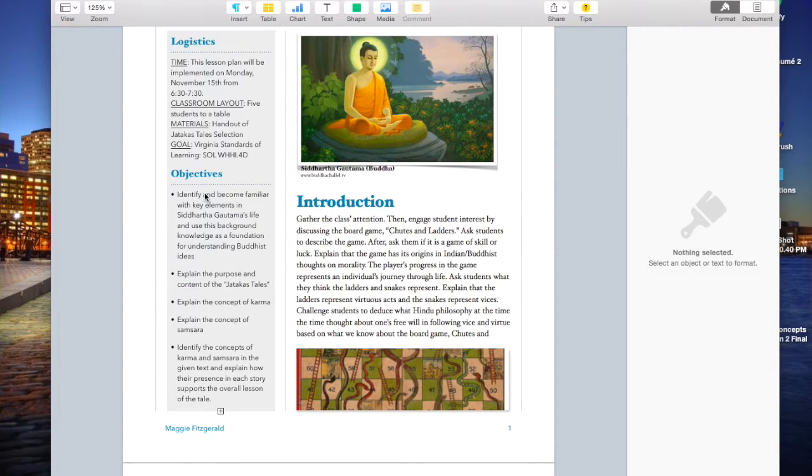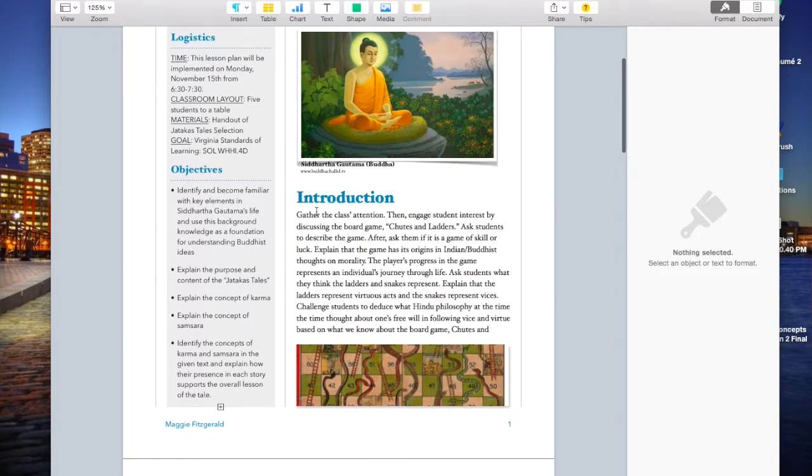So identify elements of Siddhartha's life, explain the Jataka's tales as well as karma and samsara, and identify these elements within the greater context of the Jataka's tales. Now, here it's just very crucial to have measurable objectives, which I tried to implement.